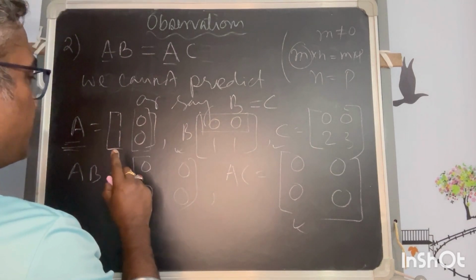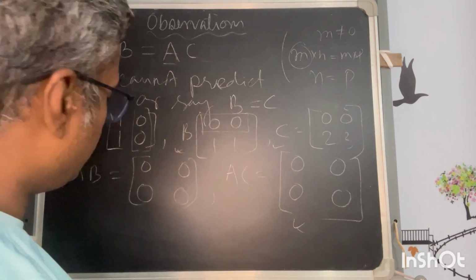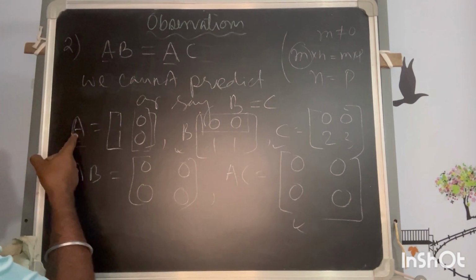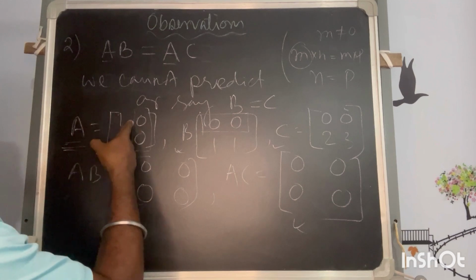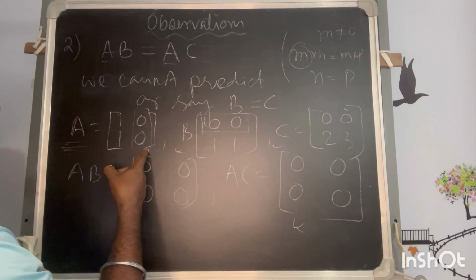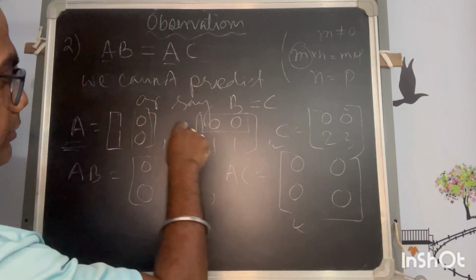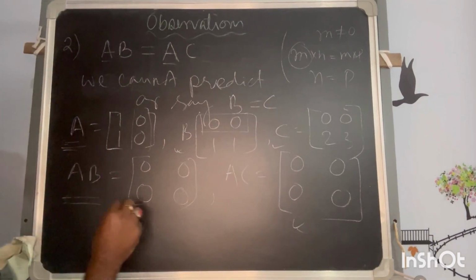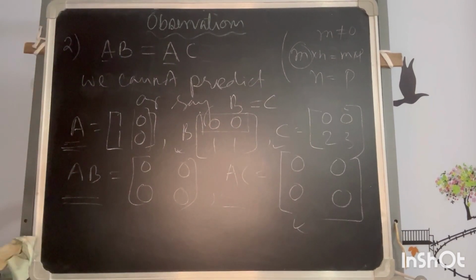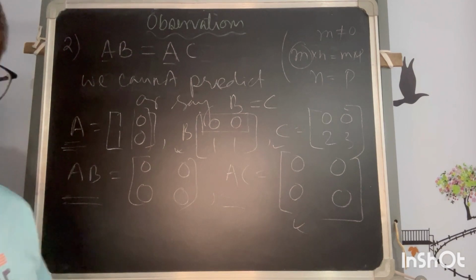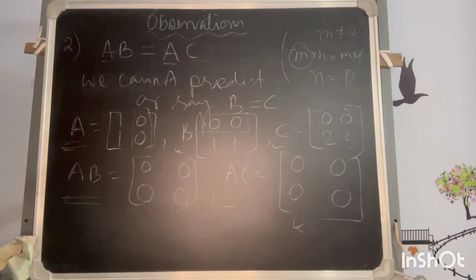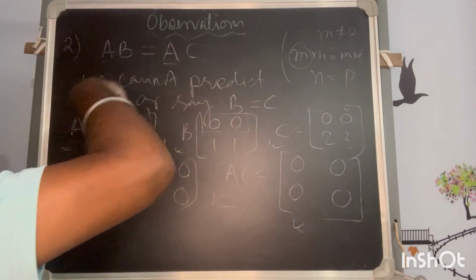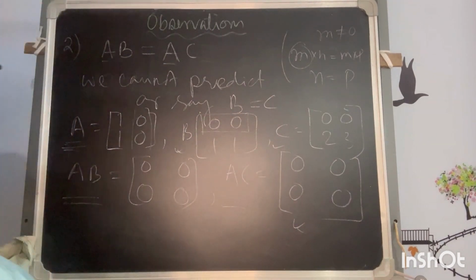So if the matrix coming first has one column completely 0, and the one with which I am multiplying has one row completely 0, then the product will always be the same. But individually the matrices with which the common matrix is multiplied are not the same. So this is one rule.